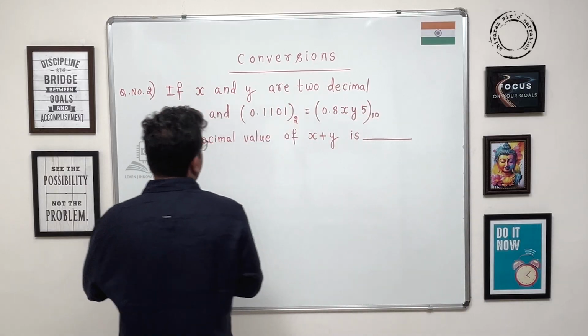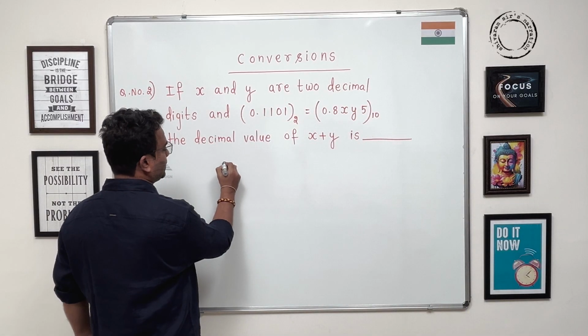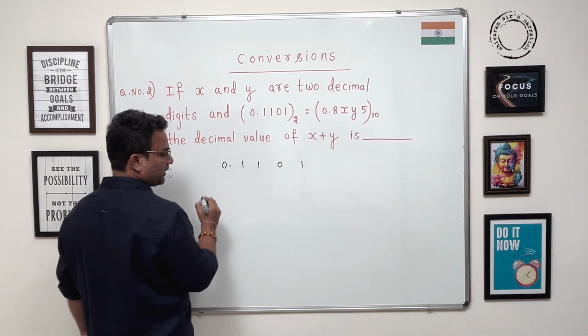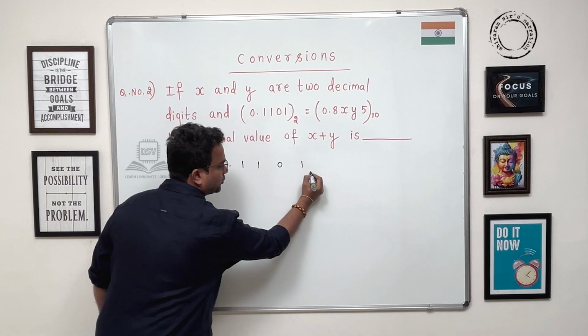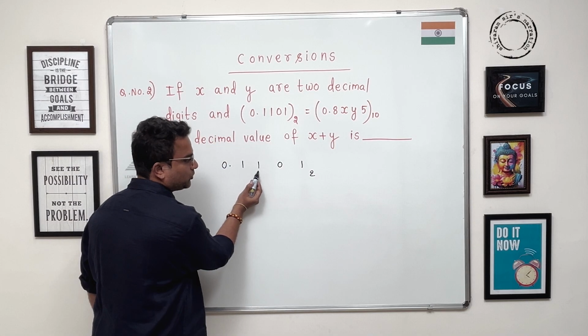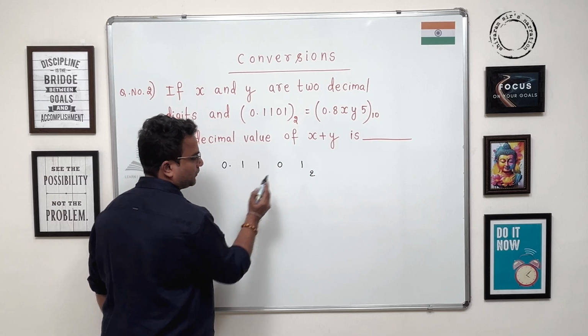So, the value is 0.1101. Here this is base 2, right? So this will be 2 power minus 1 weightage, 2 power minus 2, 2 power minus 3, 2 power minus 4.